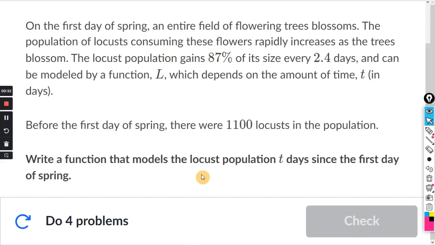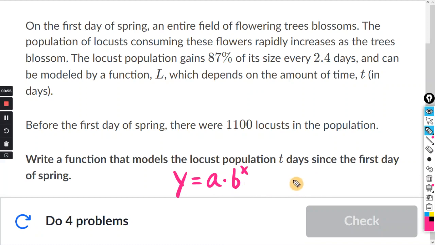Write a function that models the population t days since the first day of spring. All right, so these problems are going to be in the form of y equals a times b to the power of x.